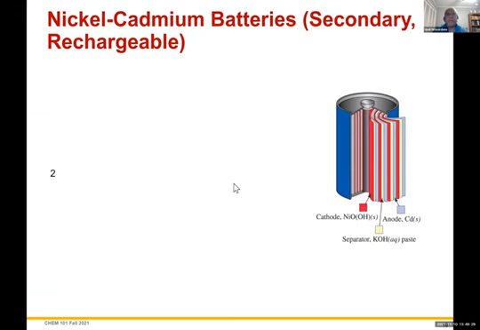Nickel cadmium is the secondary rechargeable battery that we use in household appliances and electronic devices. So I have a set of rechargeable batteries in my home.